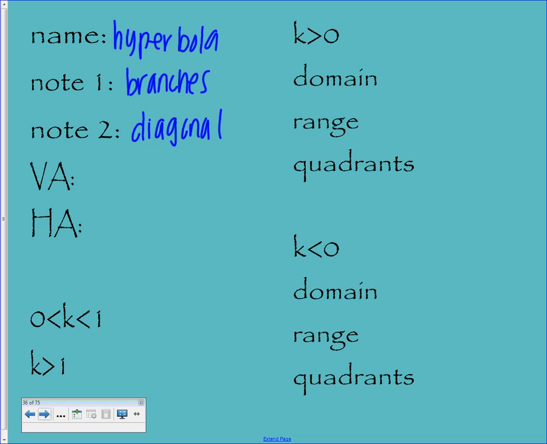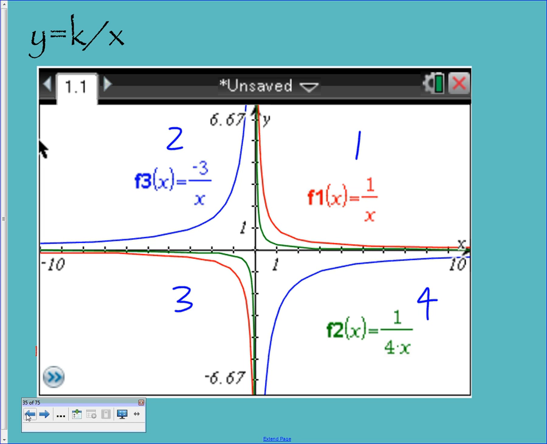The VA stands for the vertical asymptote, and you can see the definition of asymptote off to the right. It means a line that the graph is getting really close to, but not crossing or touching. We kind of talked about this indirectly when we talked about domain and range. But vertically, if you take a look at all of these graphs, what line are they not touching?